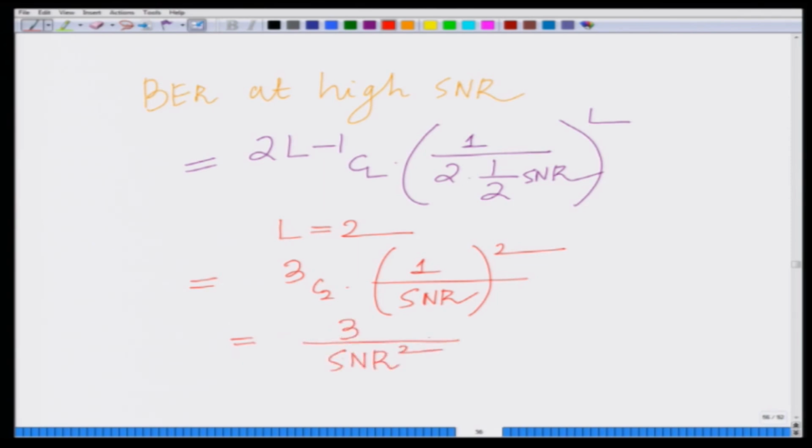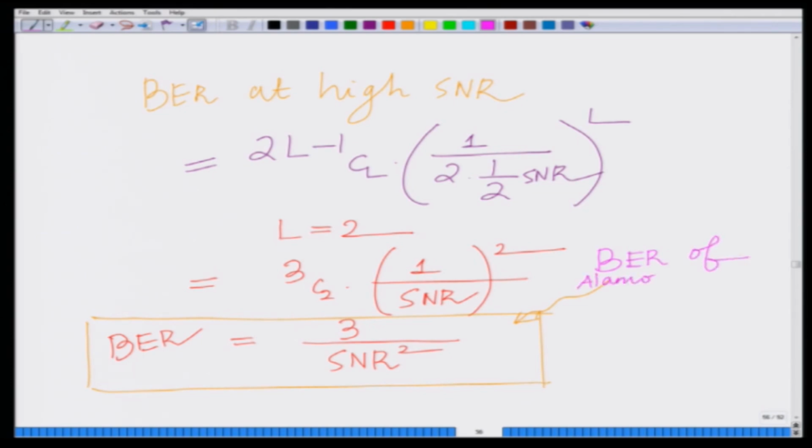divided by SNR square. Interestingly, we are able to derive an expression for the bit error rate of this Alamouti coded wireless system, and that is 3 divided by SNR square. This is the average bit error rate, mind you, averaged over the distribution of the fading channel coefficients.